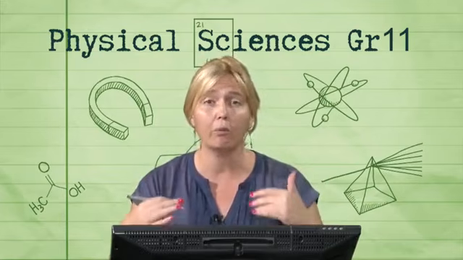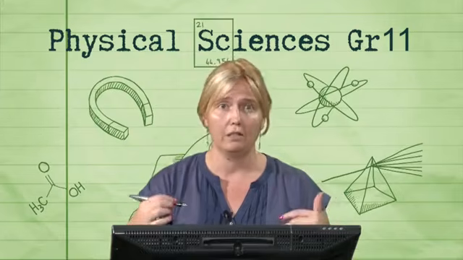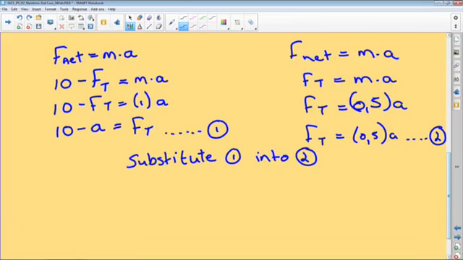Let's carry on from where we left off and see where this leads us. So I'm substituting 1 into 2. That means I'm going to write 10 minus a is equal to 0.5a. I want to collect like terms, so I'm going to have 10 is equal to 1 plus 0.5, that should be a, plus 0.5a.